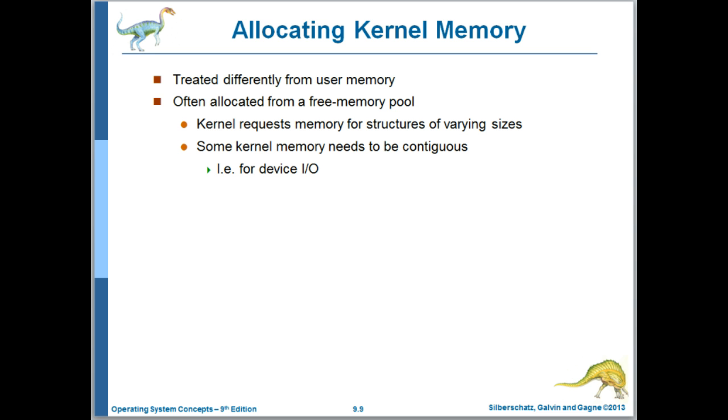It's also the case that large kernel memory allocation requests can have the requirement that the memory be contiguous, as opposed to user memory, where, remember, the page frames can be spread throughout physical memory.